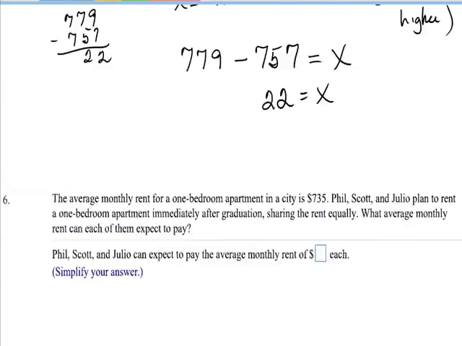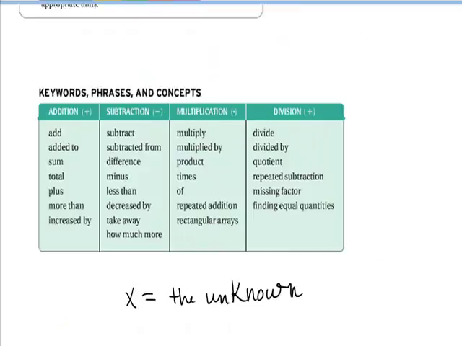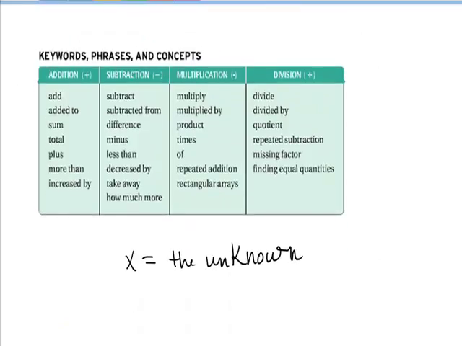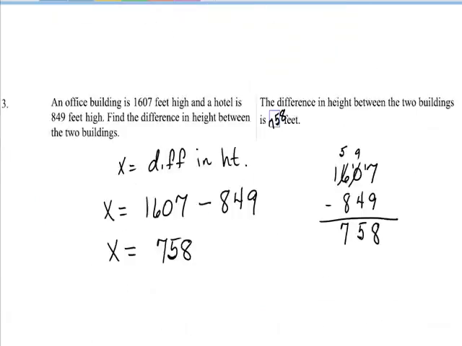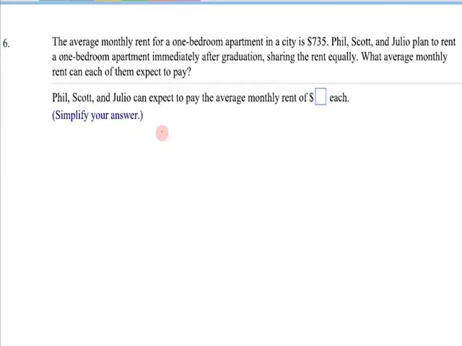All right, let's go back up here to our words and see what applies. We're going to find equal quantities again. So in other words, we're going to divide the rent 3 ways. So X is each person's rent.